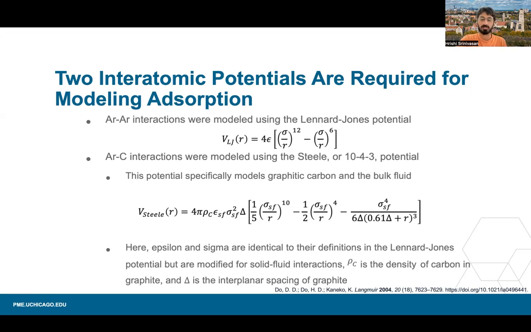Delta is the interplanar spacing of graphite, also used in this potential. The exponents are different here: we have 10 and 4 instead of 6 and 12. And at the end, we have a term that accounts for interplanar spacing effects for argon-carbon interactions.